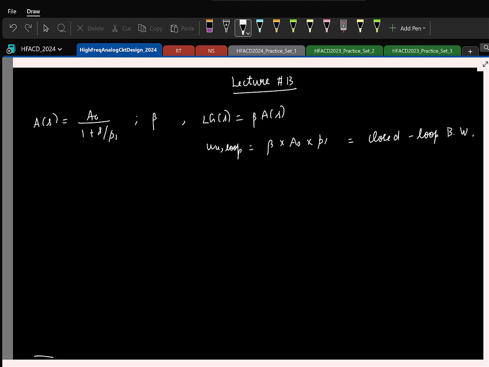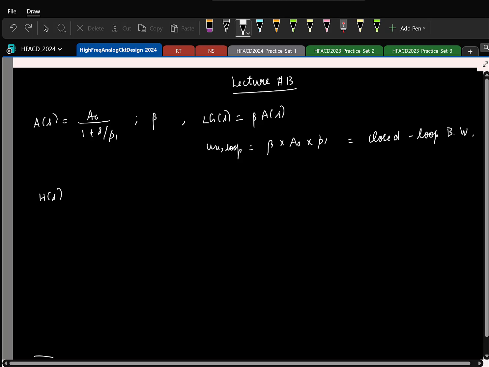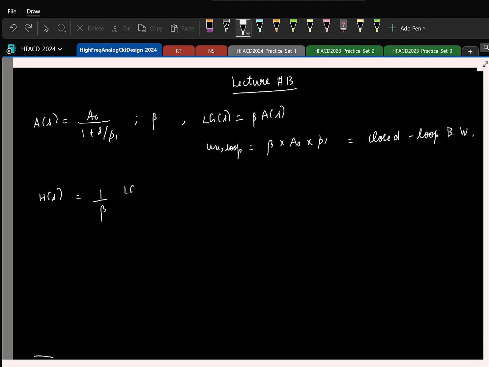So the closed loop transfer function, if I were to write it, is 1 by beta times the loop gain by 1 plus loop gain. So the closed loop poles are the roots of this equation, and for a first order system we found they are always in the left half of S plane. So we saw it is stable, right?